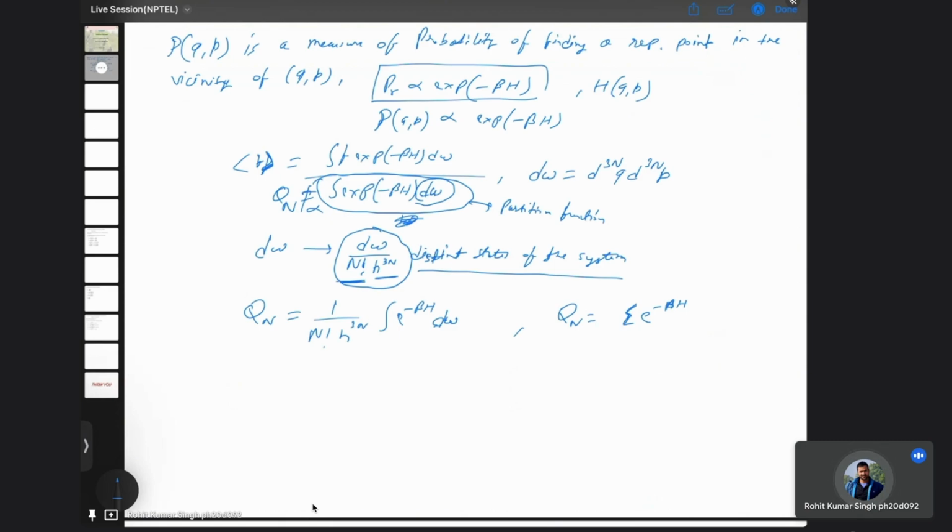So this is another way of writing a partition function in terms of phase space volume.